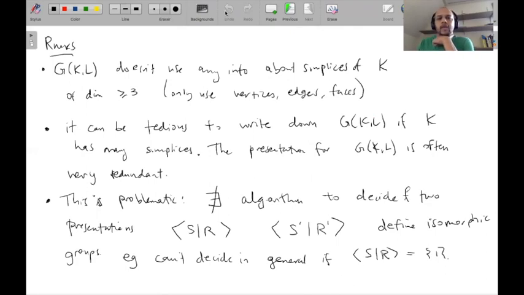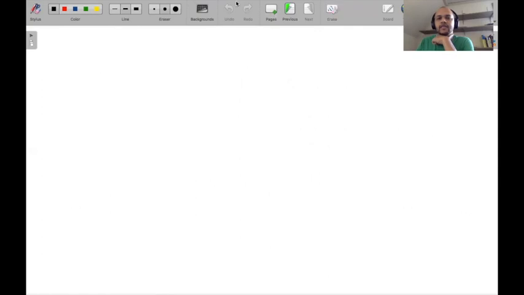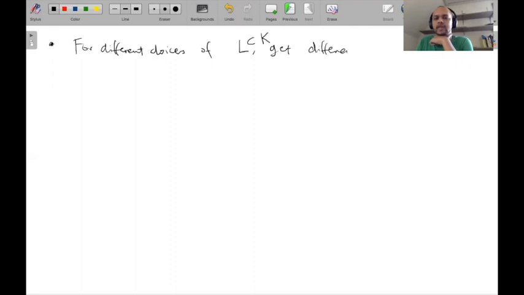And well, another remark related to this is, for different choices of L, L a maximal tree, we get different presentations.